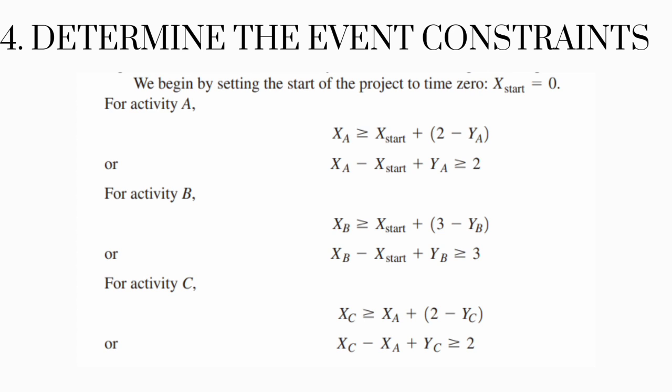Then for activity C, we have x sub C is greater than or equal to x sub A plus 2 minus y sub C. Or we can say x sub C minus x sub A plus y sub C is greater than or equal to 2. This is because activity C is preceded by A.